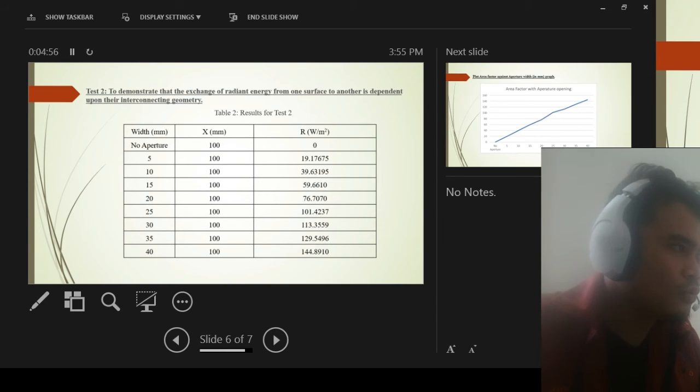Test 2 is to demonstrate that the exchange of radiant energy from one surface to another depends upon their interconnecting geometry.